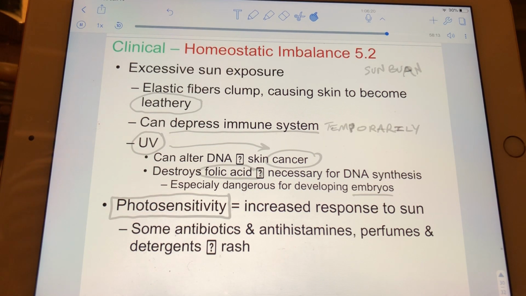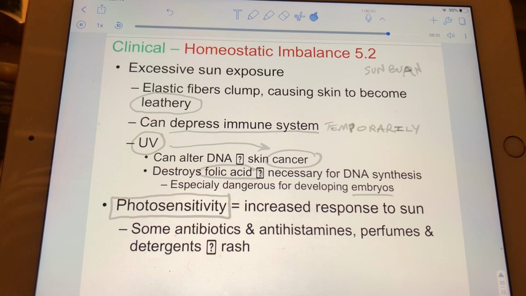And without that exposure, then we're not going to even start that ball rolling, which is no bueno. However, excessive sun exposure can be very bad news, as you hopefully already know, but chances are you don't know exactly why.